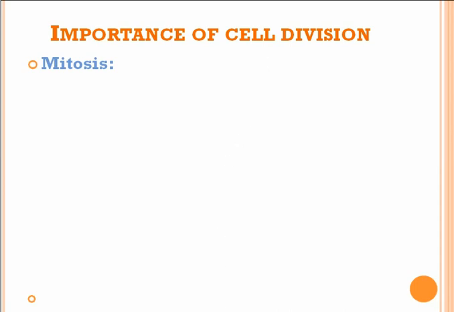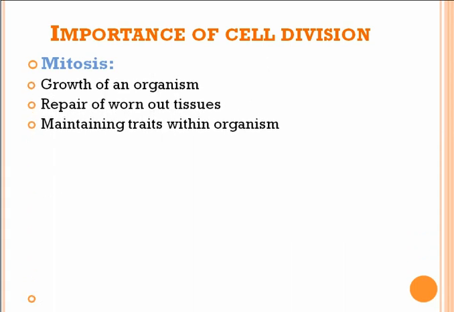Why is it important that cell division should occur? Why should cells undergo what we call mitosis? We need to grow. So when you see an organism growing, increasing in the number of cells, it means mitosis is taking place. When you get a wound, cells automatically replace that part.